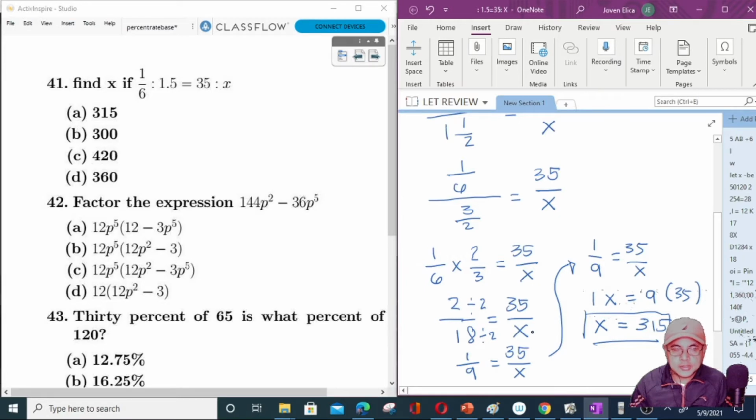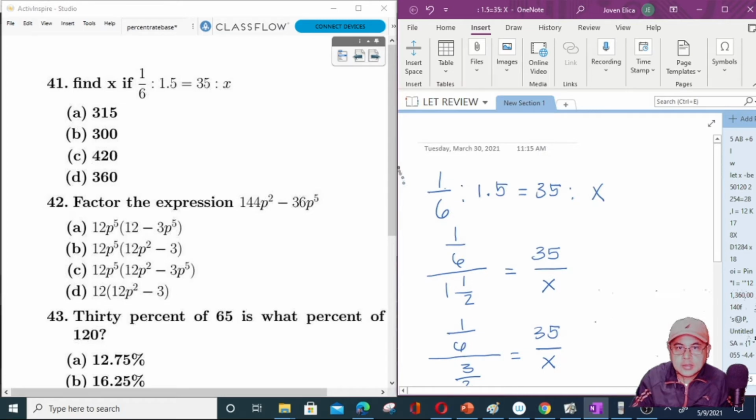Right, so the answer is 315. Letter A. From our multiple choice, this is the answer, 315. All right. So that is number 41.